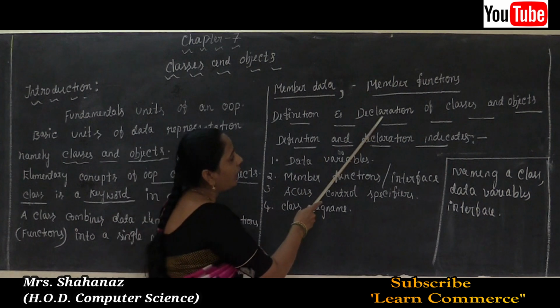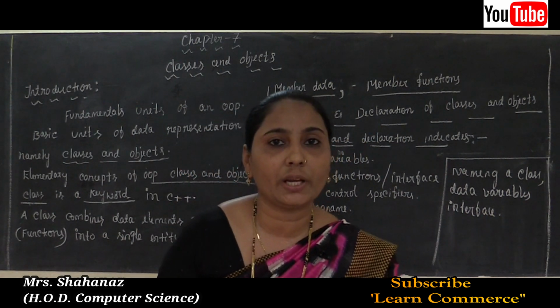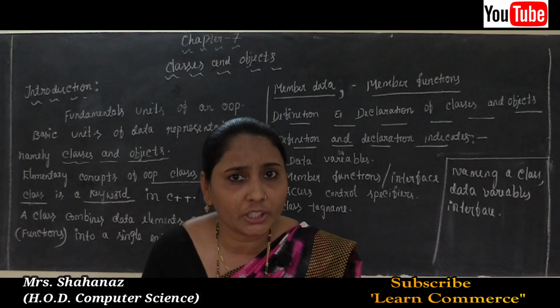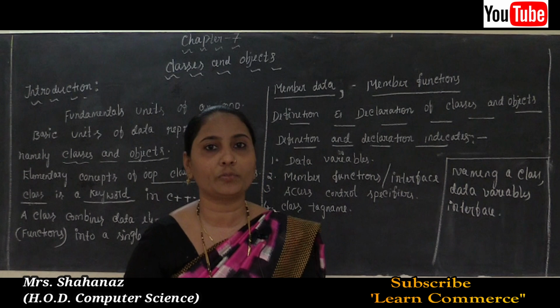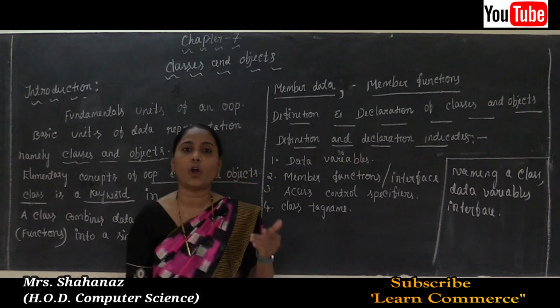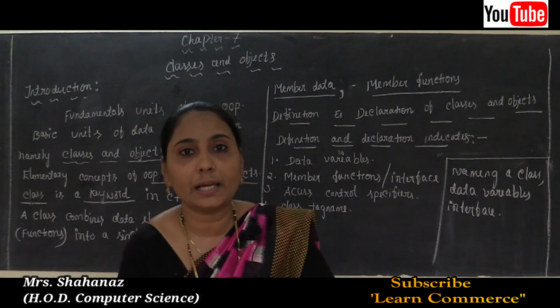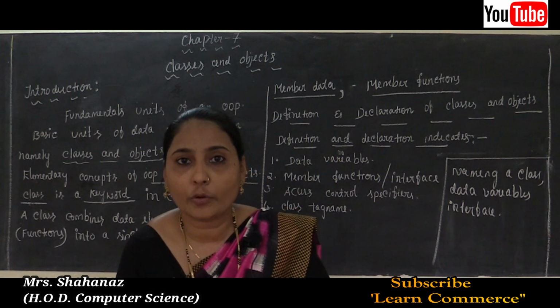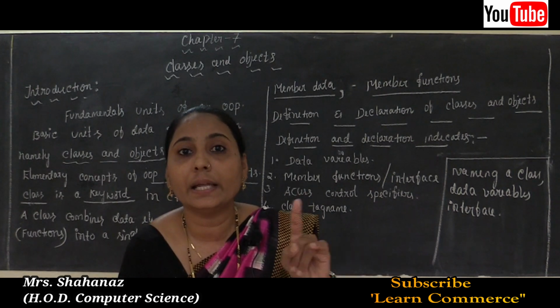Now let us move on to the declaration of a class. So what about the declaration? A class declaration specifies the representation of the object of the class. When you declare any object of the class, it is called the class declaration.